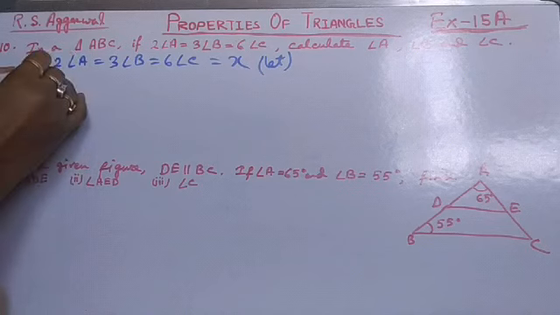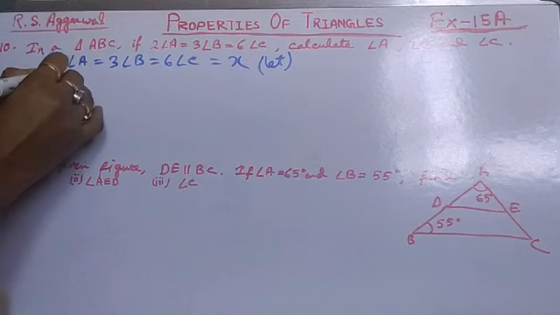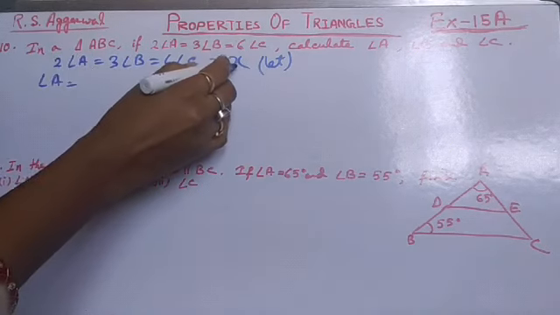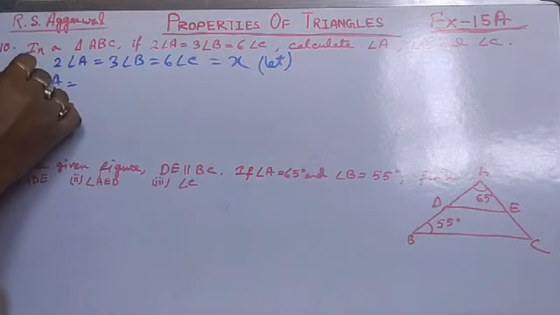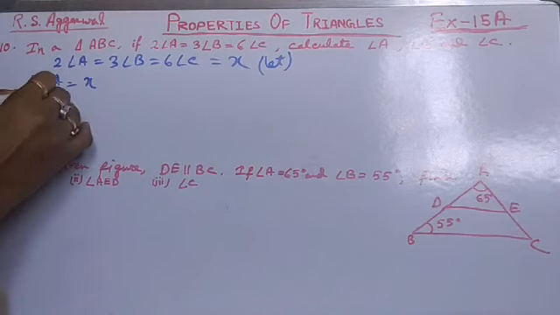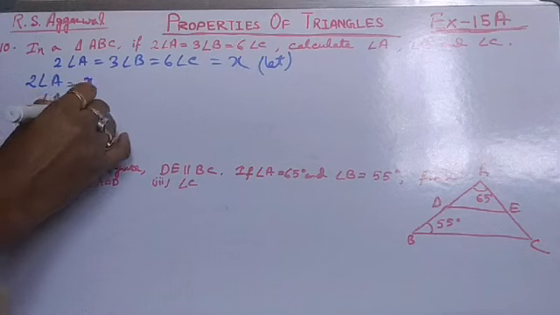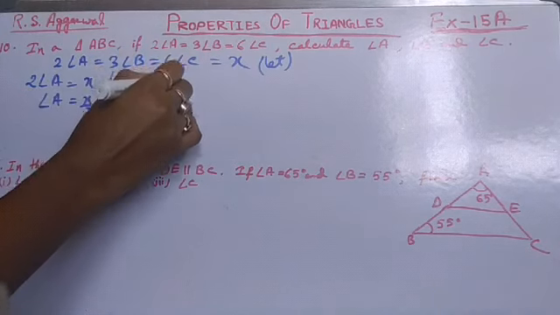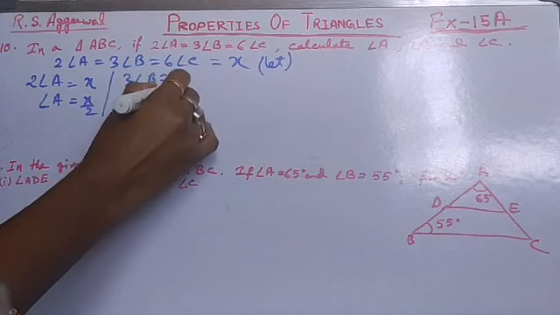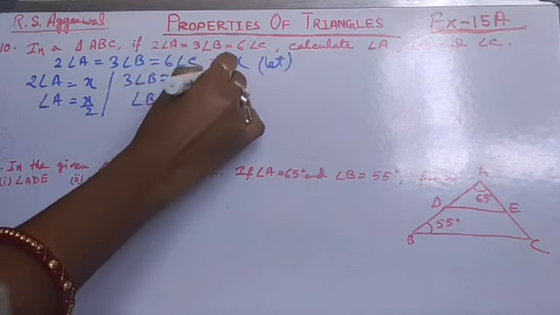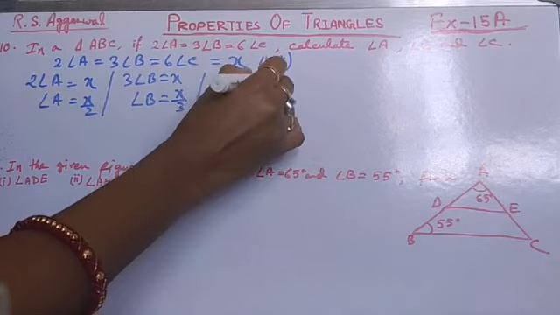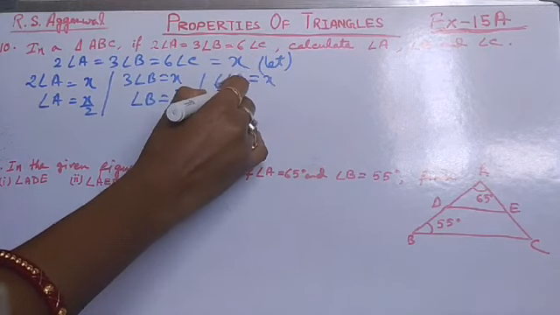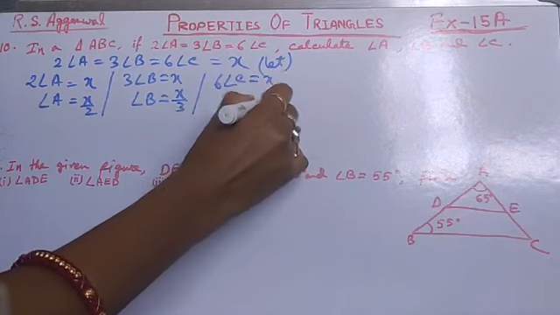Now separately I will find the value of each angle using x. 2 into angle A equal to x, that's why angle A equal to x by 2. 3 into angle B equal to x, so angle B equal to x by 3. 6 into angle C equal to x, so angle C equal to x by 6.